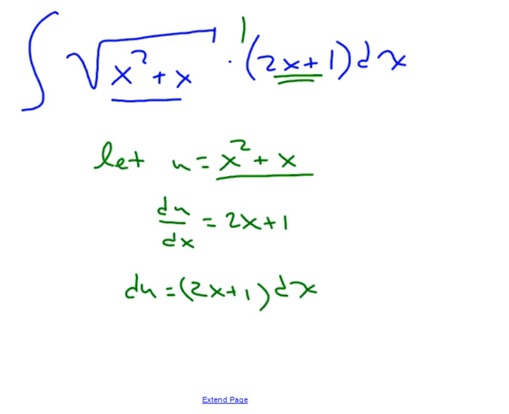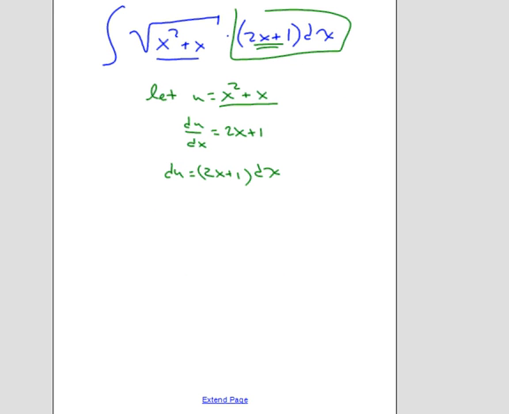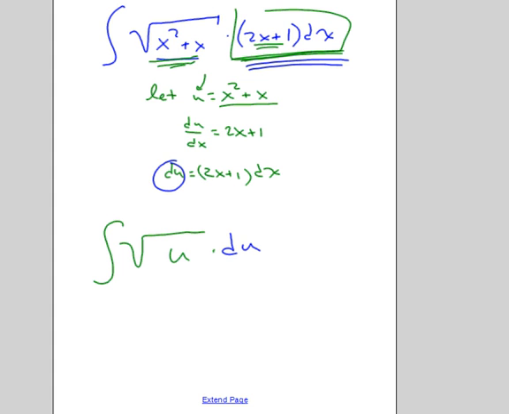Oh, nice. That's this. So now we can do the substitution. We have the integral of the square root of x squared plus x, but that's u, times this whole underlined portion, which is just du. So it's just the integral of root u du.